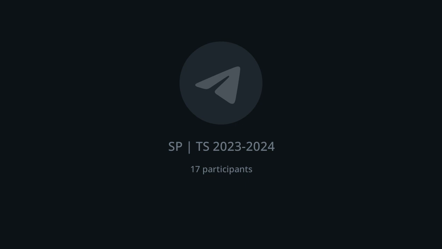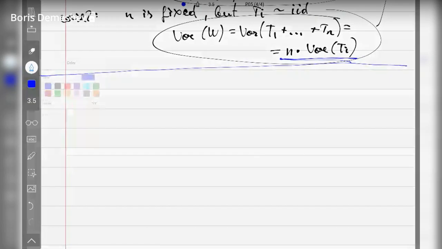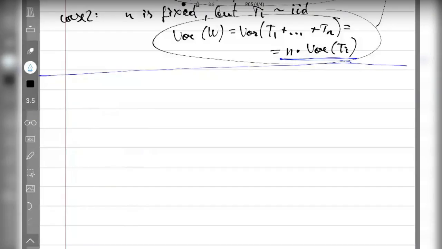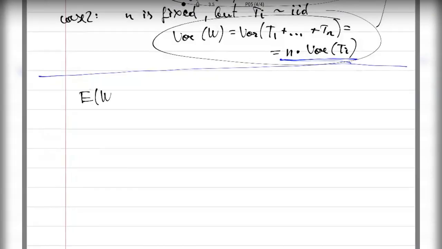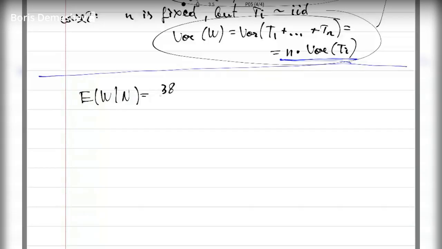And the second term in the sum says, let's fix n and consider the randomness of every term added. Okay, now let's go to our case. What is the expected value of W given n? We have already calculated it. It's 38 over 5 lambda.